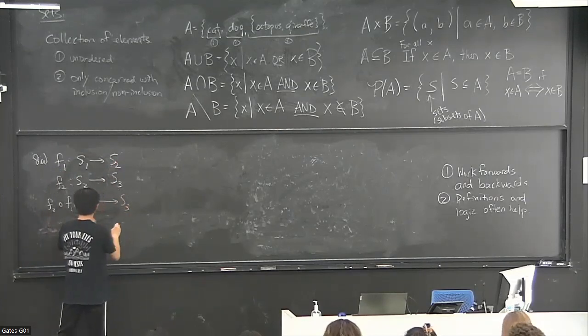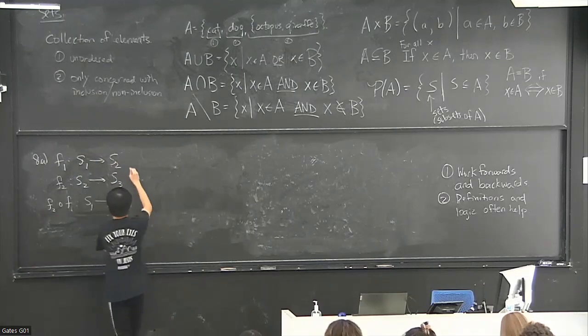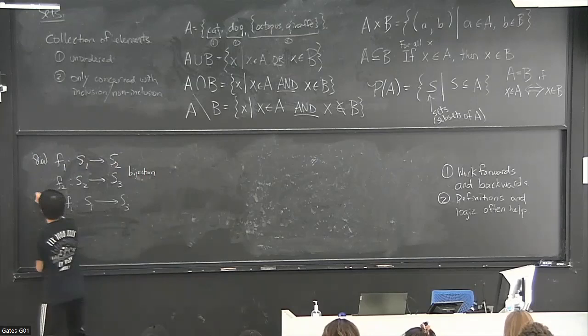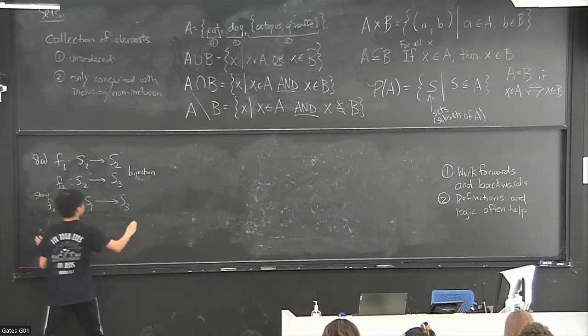So we know f1 and f2 are bijections, and we want to show that the composition is a bijection.